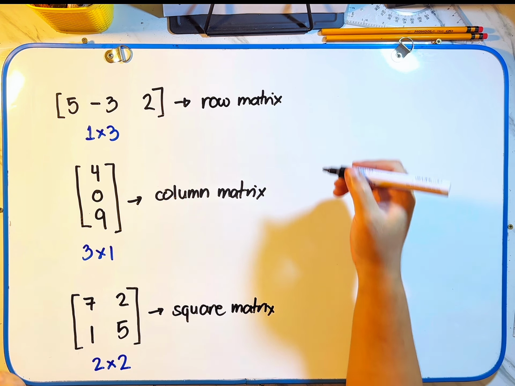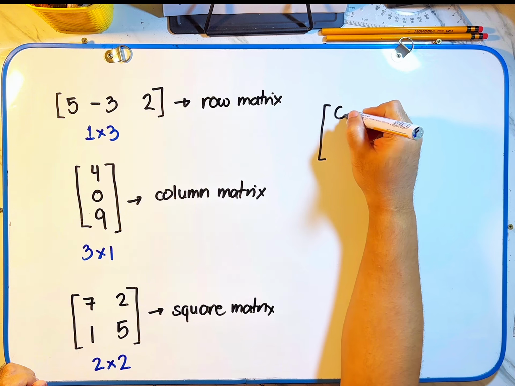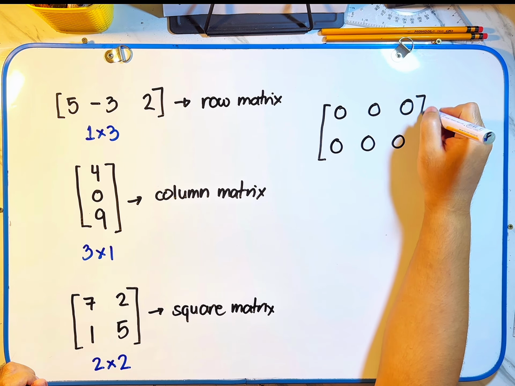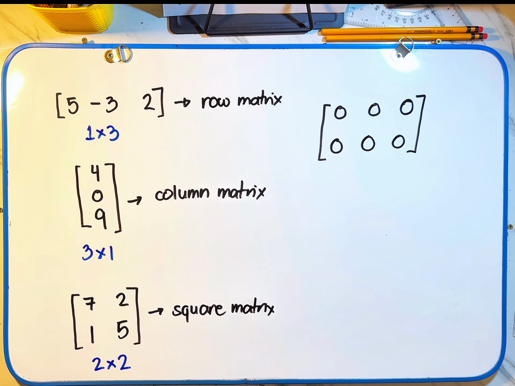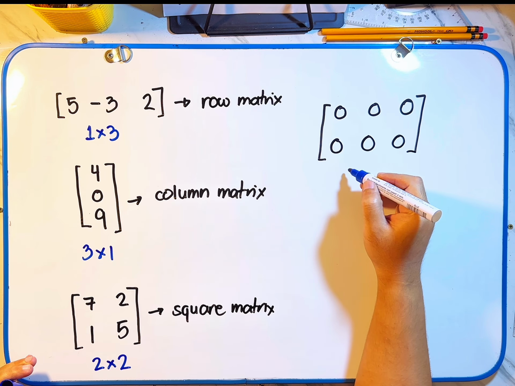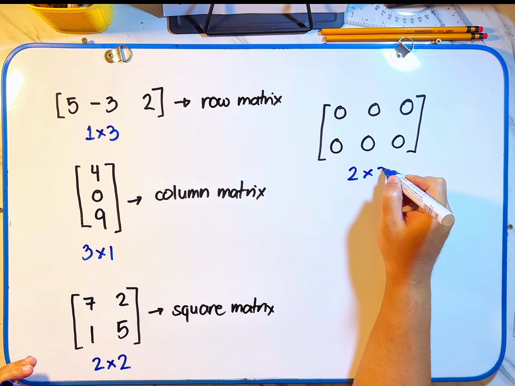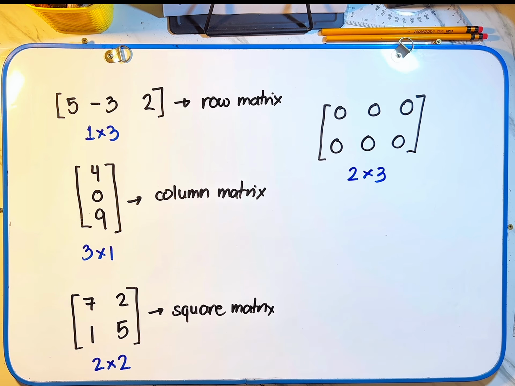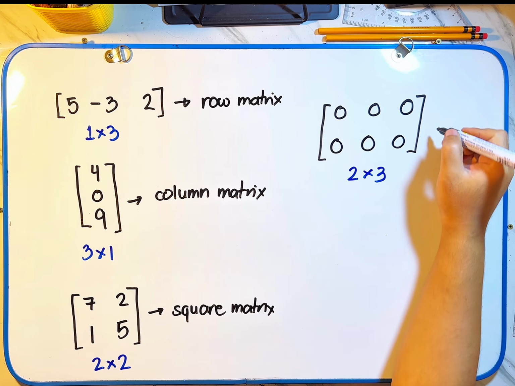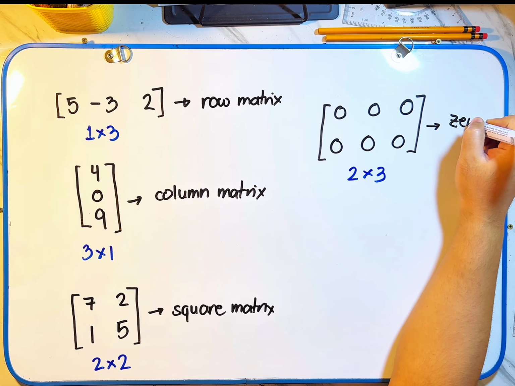All right, how about this one? So this matrix, what is the dimension or what's the order? We have two rows and three columns. So this is a 2 by 3 matrix. And what is the classification of this matrix? Since all of the elements in this matrix are 0, therefore this is called zero matrix.